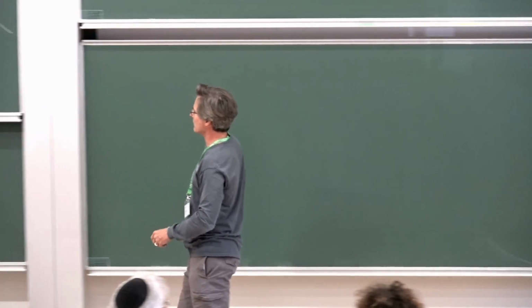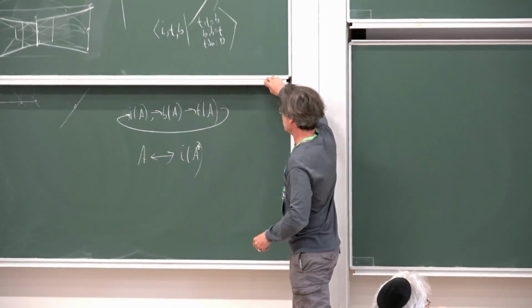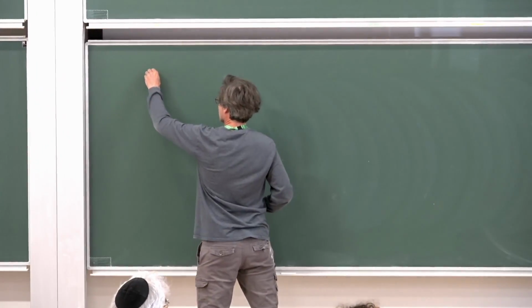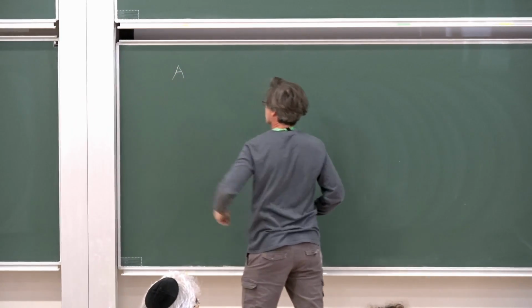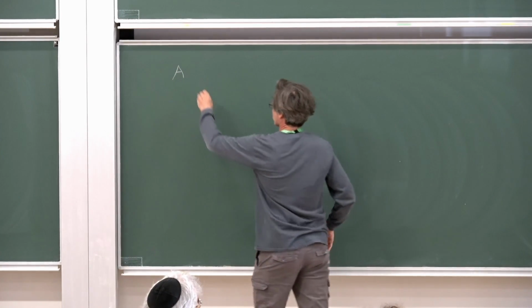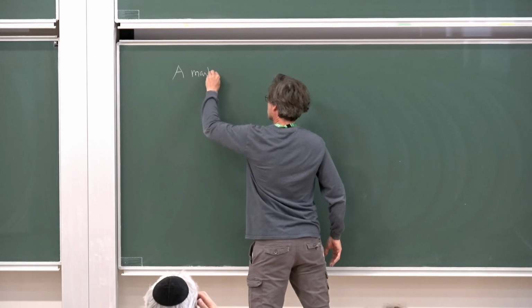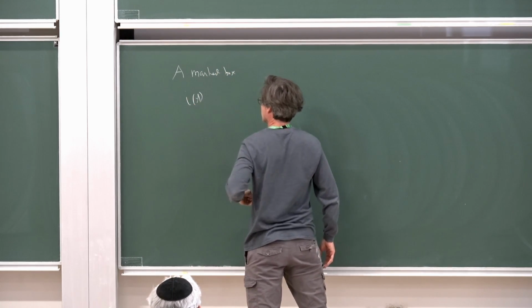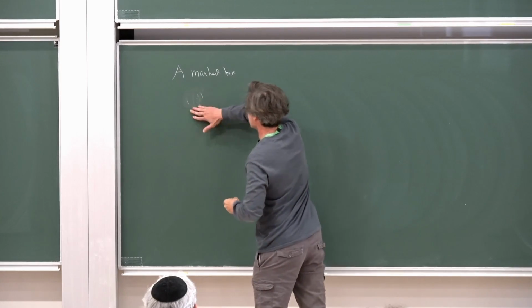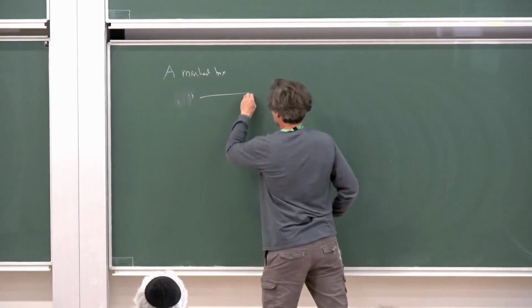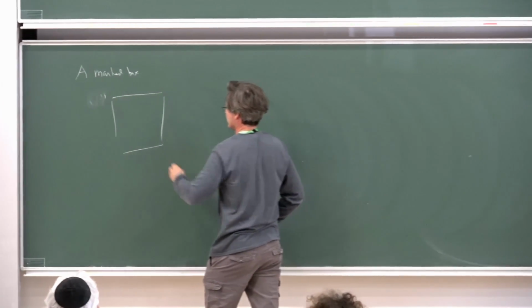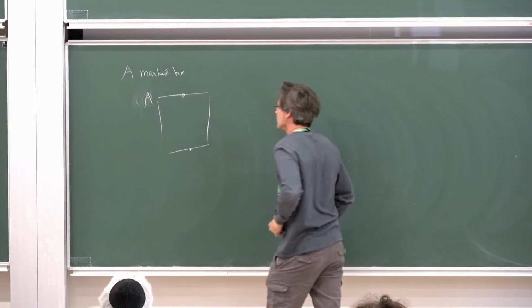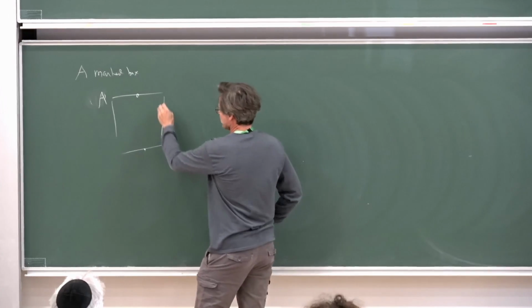Okay, so now let me go back to the symmetries of Pappus' theorem. This is a marked box. Here's your marked box, A, and here's a flag.